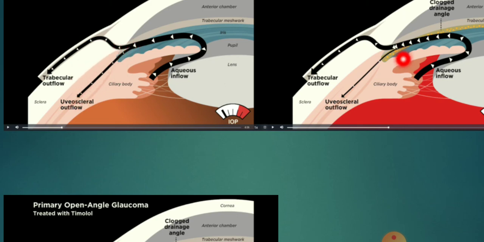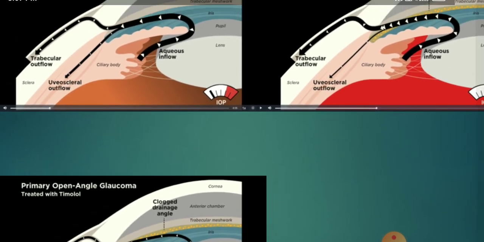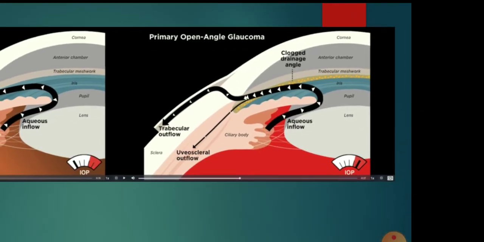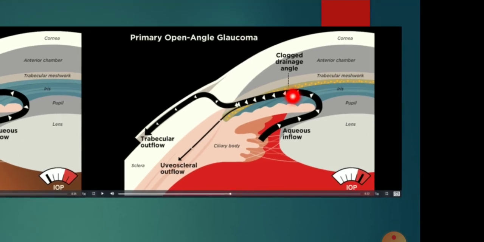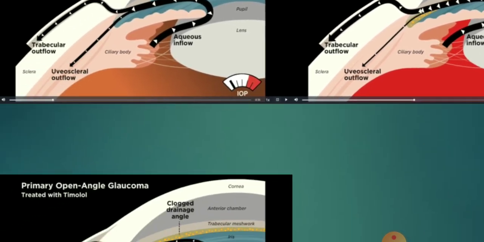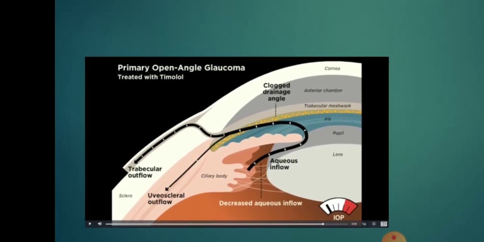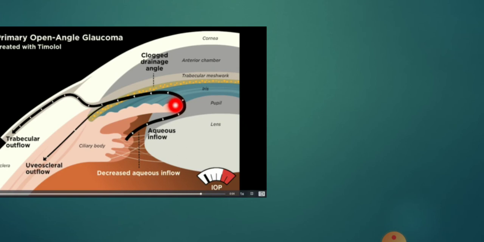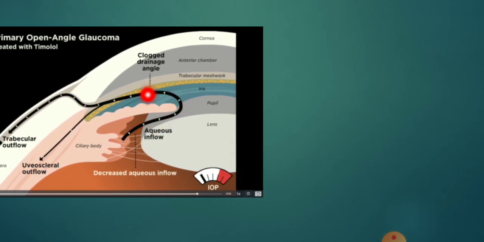This is when glaucoma occurs, when the pathology is dominating. This is primary open angle glaucoma, and here we have prescribed the drug, and hence with timolol we are seeing this kind of flow.